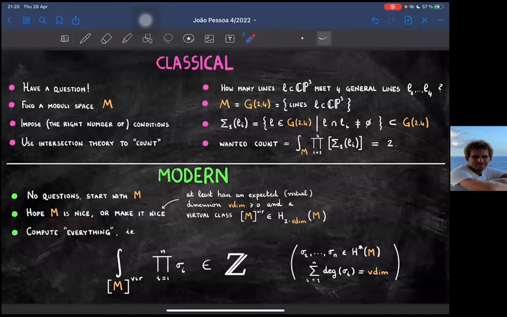And nice enough means several technical things, but one is that we should be able to say what the expected dimension is, for example. And also, we would like to say that maybe if the space is bad and so it doesn't have an actual fundamental class, maybe there is a substitute for the fundamental class, which I denote here by [M]^vir.